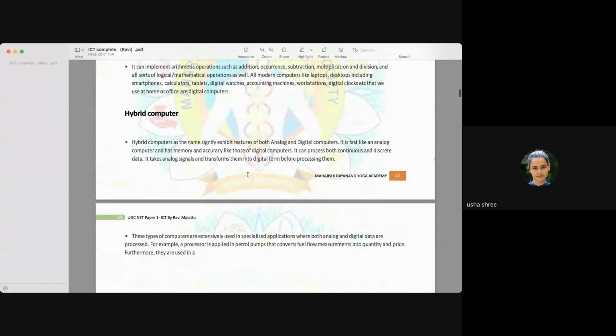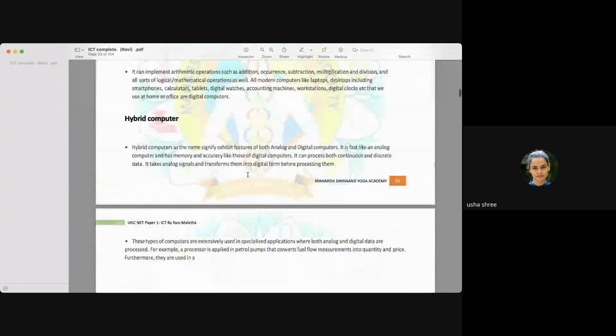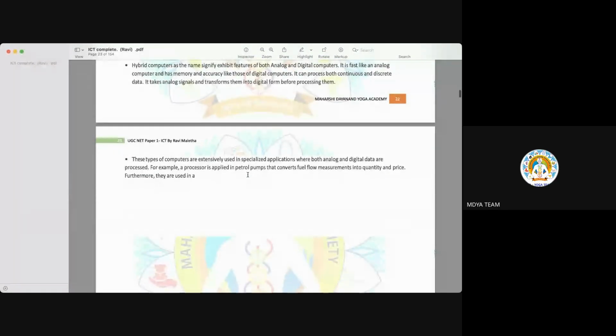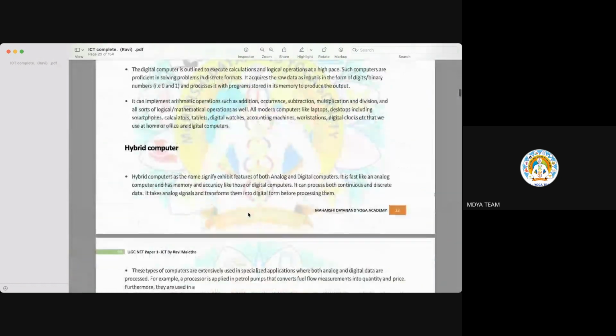Yes, ma'am. Okay. Special purpose and you are saying general purpose computers, right? Yes, ma'am. Okay. So in another slide it is given, I think.